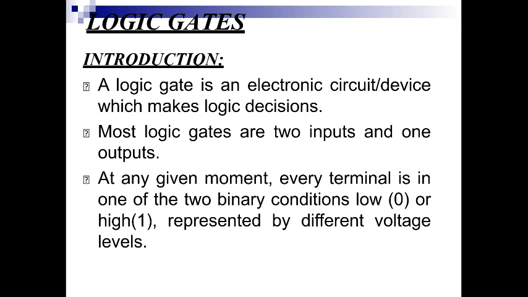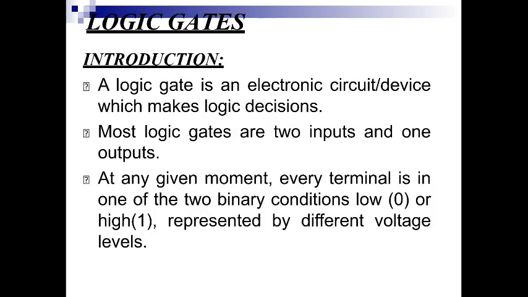So a logic gate is an electronic device which makes logic decisions. Most logic gates have 2 inputs and 1 output. At any given moment every terminal is in one of the two binary conditions, low or high, represented by different voltage levels.